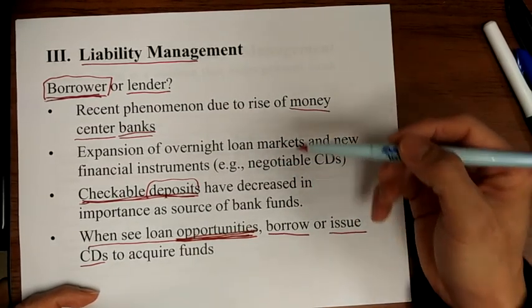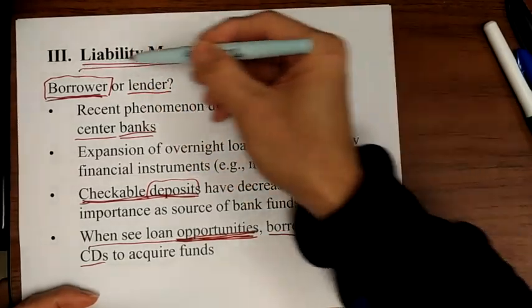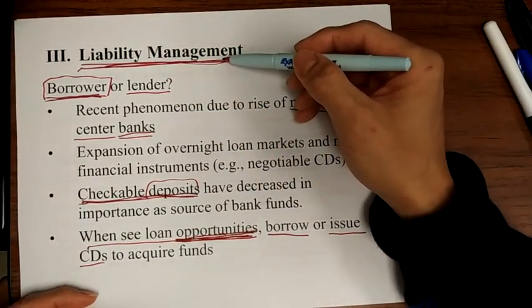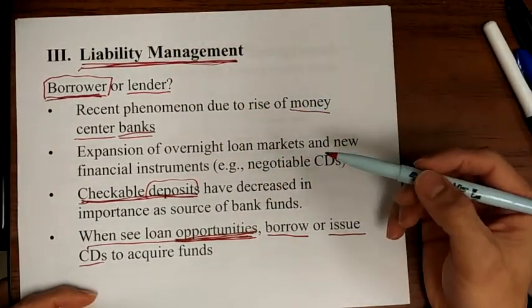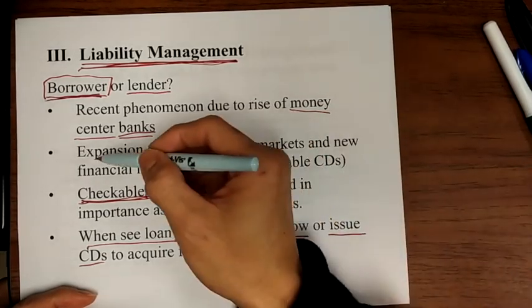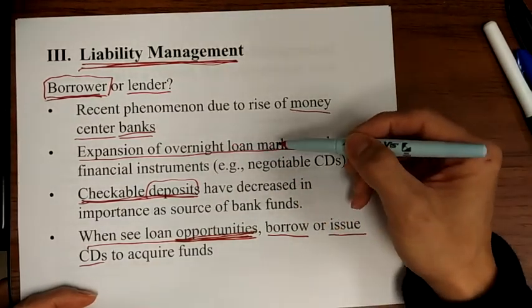Therefore, after the 1960s, liquidity management becomes very important because this is the source of funding for the commercial banks. There was the expansion of the overnight loan market. They even borrow overnight.